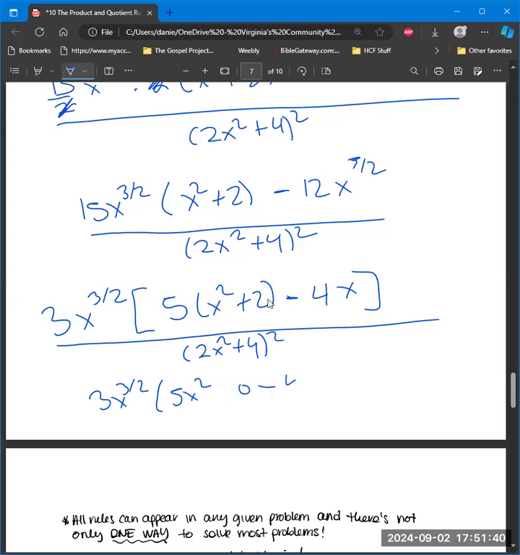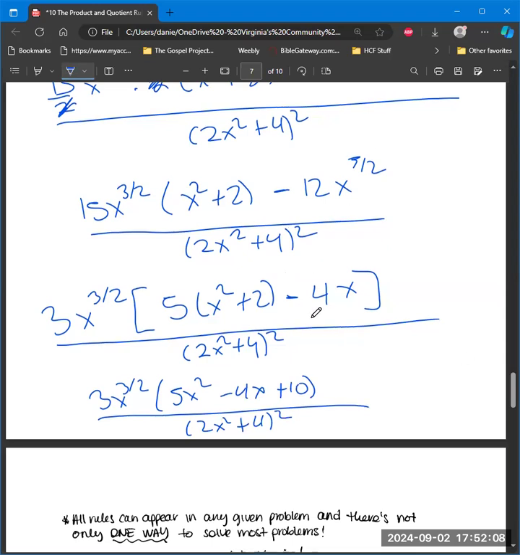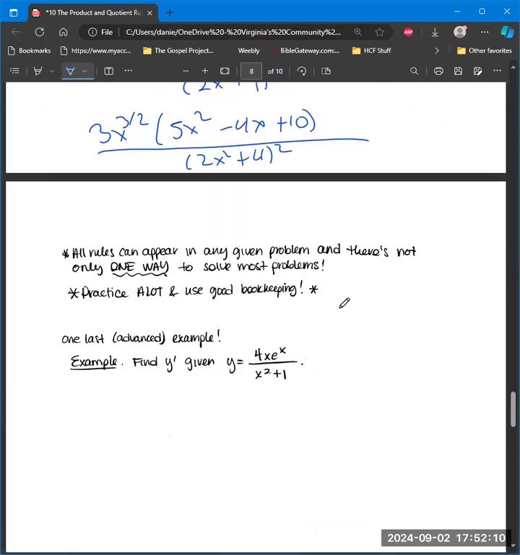Let's just go ahead and write that in descending order over 2x squared plus 4 quantity squared. And I think I'm satisfied with that. I don't think that there are factors of 50 that add to give me negative 4. So I've factored that completely.